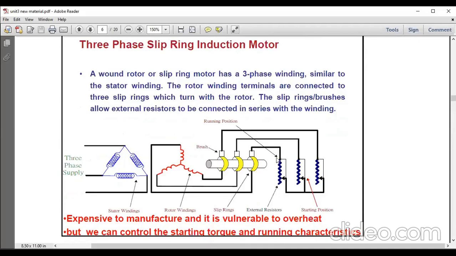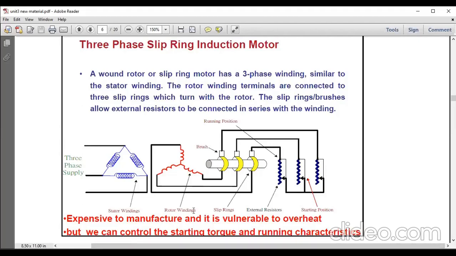In the machines lab also, if we continuously keep varying the resistor connected on the rotor side, it exhibits some heat if you run for a long time. That is an additional disadvantage; we need to provide heat sinks for that. Next, what is another point? But we can control the starting torque and running characteristics.